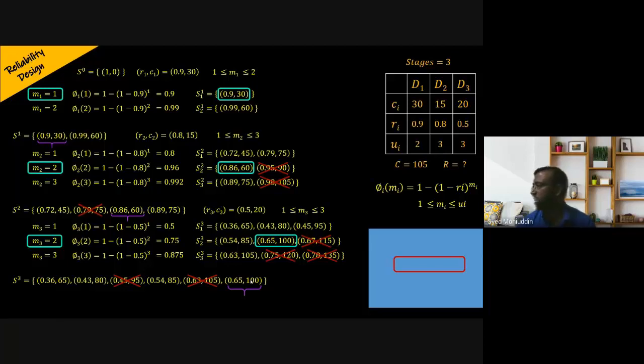So this is the reliability design problem. That is, we have to find how many devices can be placed at each stage so that we achieve maximum reliability. So this is an optimization problem, and the optimization is to maximize the reliability of the system.